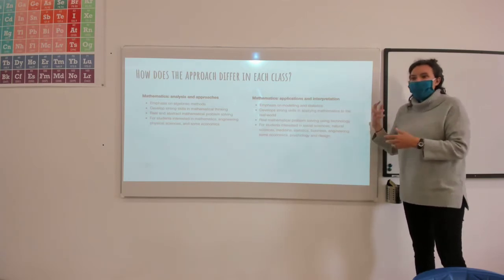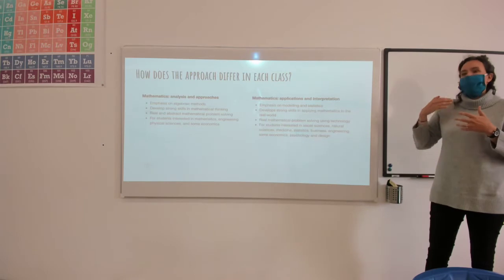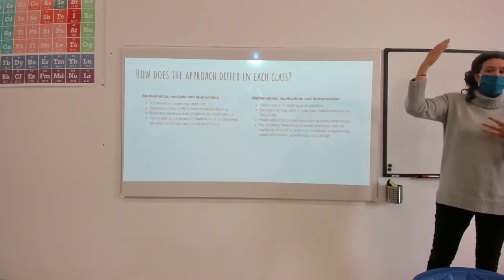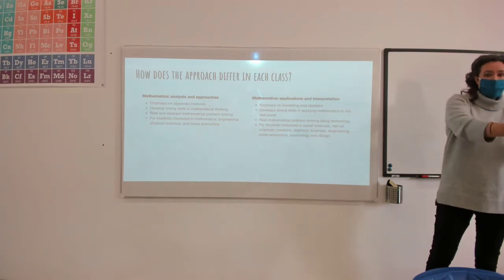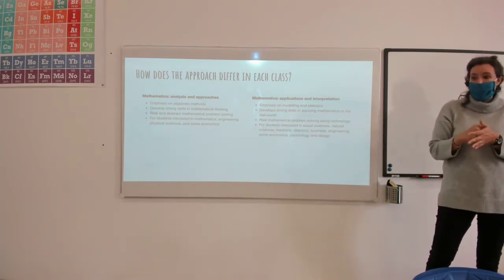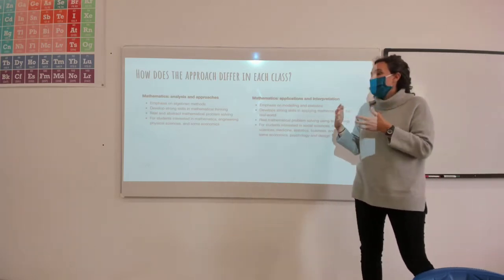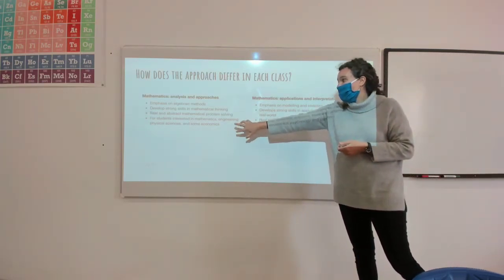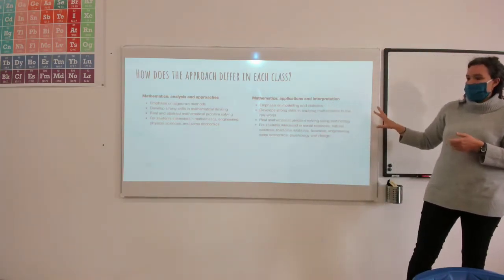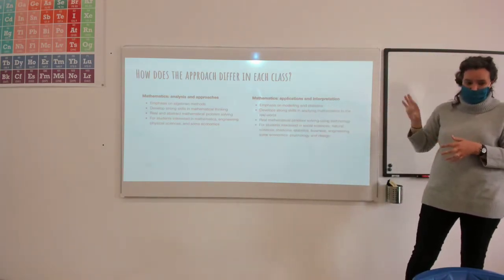I know you're only in 10th grade, but you have to think already about what you want to do at university, and that's going to tell you which math class you're going to take. If you are going to a very heavy math field, then you would take the analysis, as opposed to social science, that'd be more like applications.